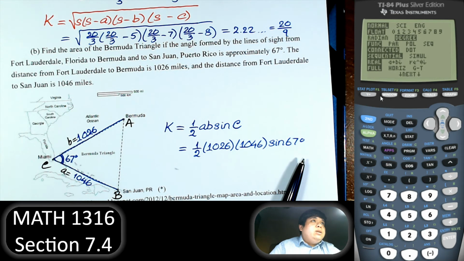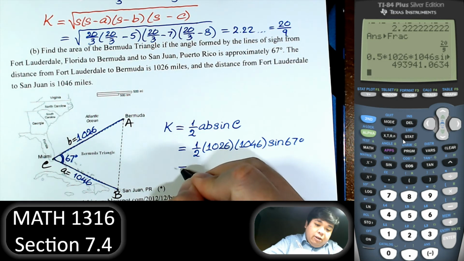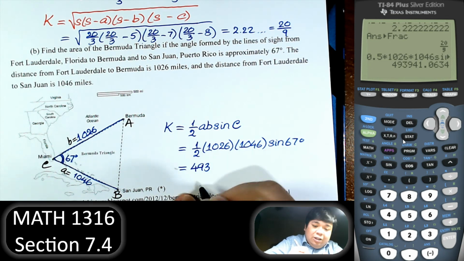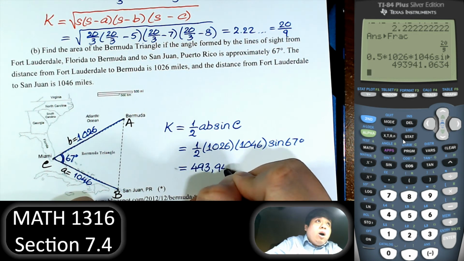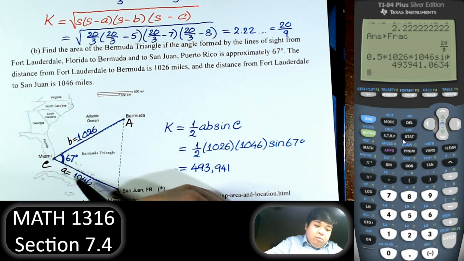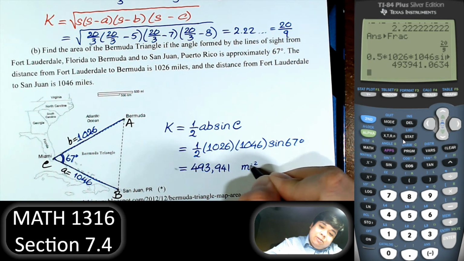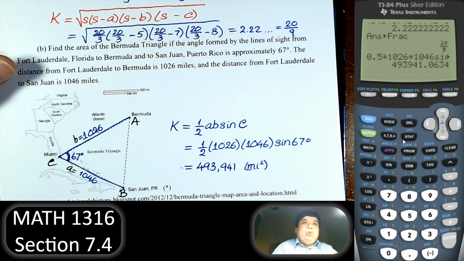It is in degrees. Yep. So we have 493,941 miles on each side. So this is square miles. Right. So that's what we do.